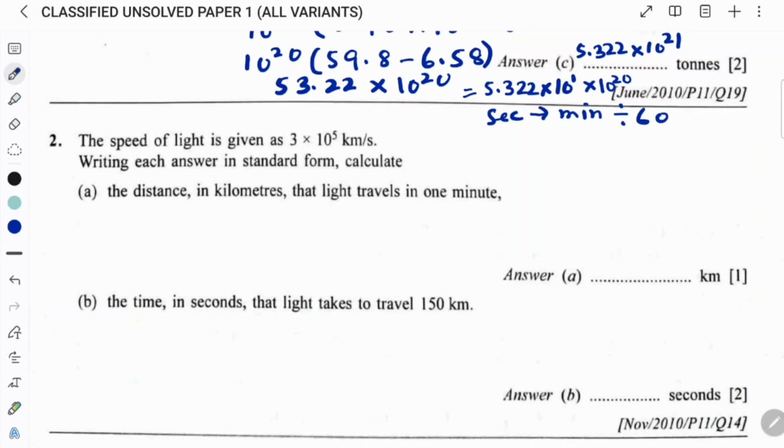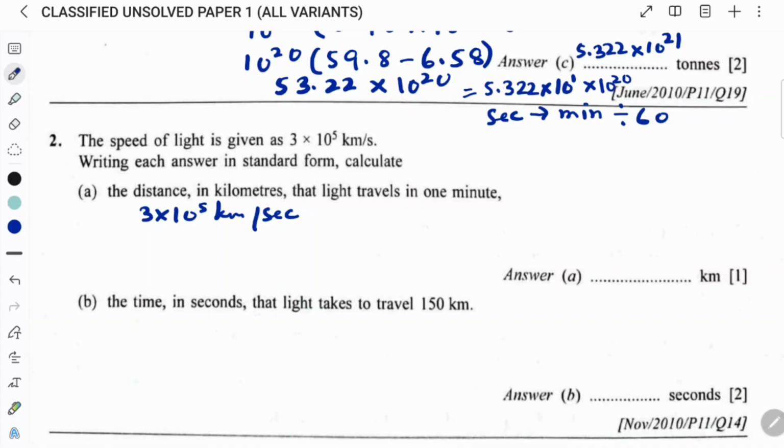Okay. So this is 3 times 10 to the power of 5 kilometers per second, and we want to know the distance in kilometers that it travels in 1 minute. So we have to just change seconds into minutes in this question.